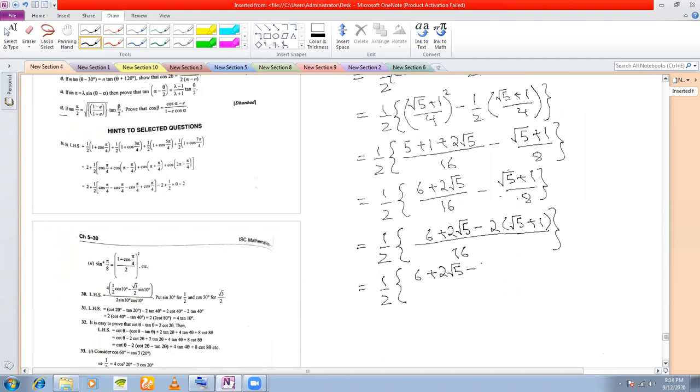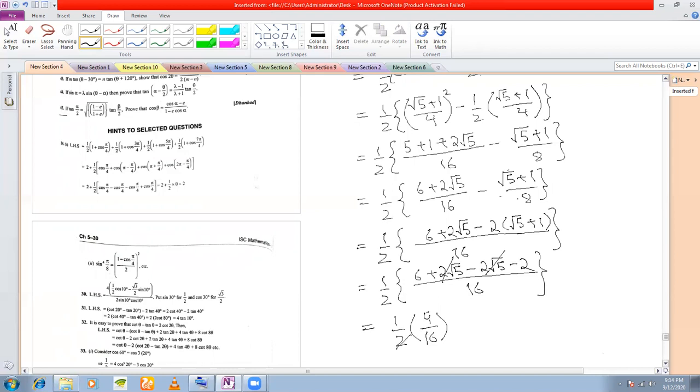Now you open the brackets: minus 2 root 5 minus 2. And this is plus 2 root 5 minus 2 root 5, they cancel. So you get half of 6 minus 2, 4 by 16.